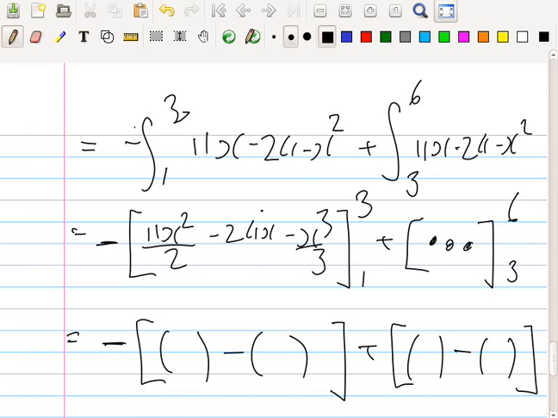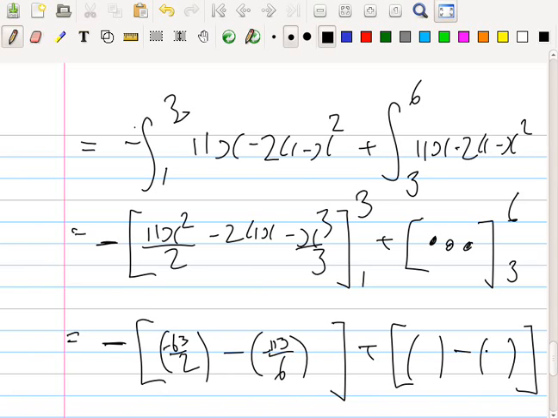So 3 squared is 9 times 11 is 99 divided by 2 minus 24 times 3 minus 3 cubed over 3, which is 9. So that is minus 63 over 2. And then I put in 1. So that's 11 over 2 minus 24 minus 1 over 3. So that is minus 113 over 6.